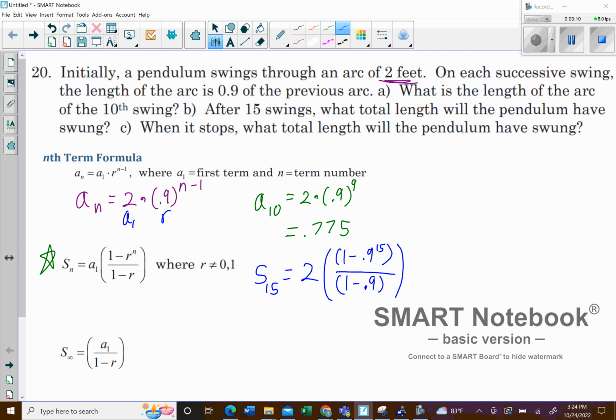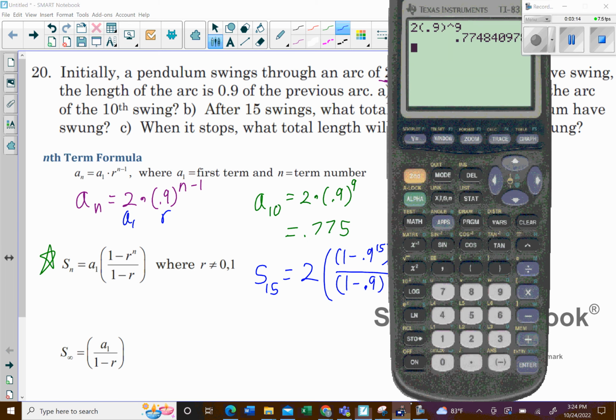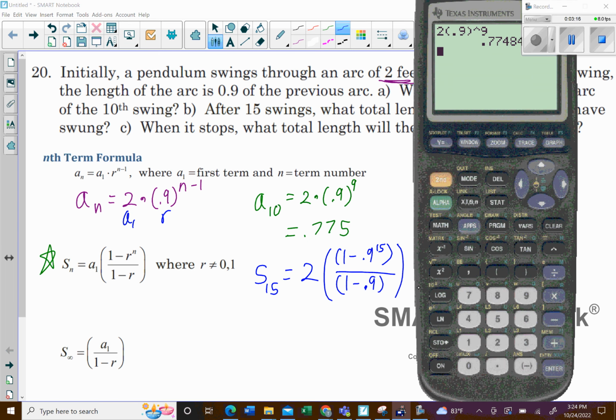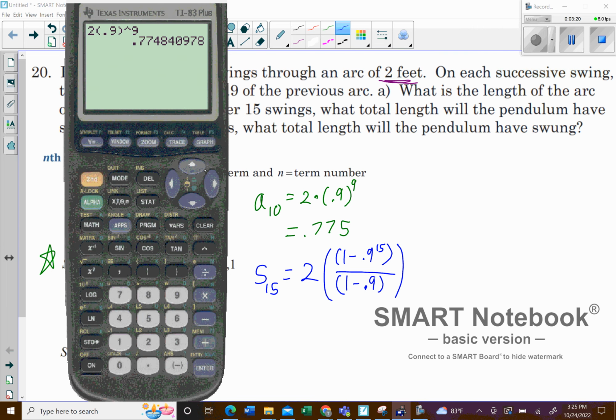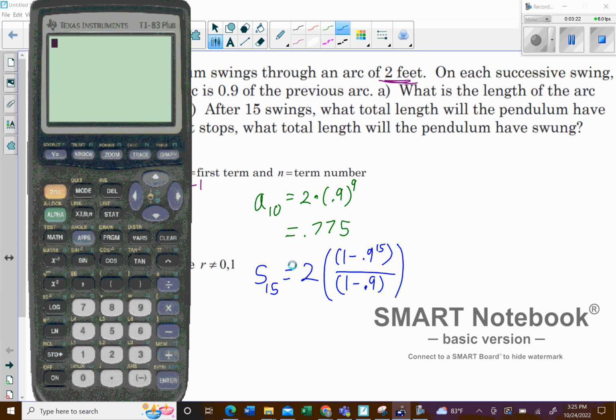Depending on if you're using a newer calculator, it might be easier to input, but for me, I'm basically going to have to type it exactly how I wrote it.